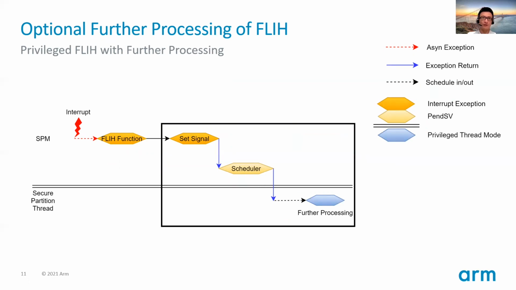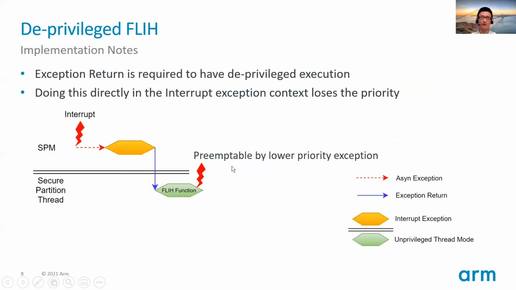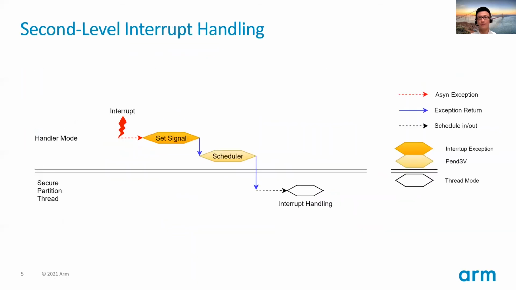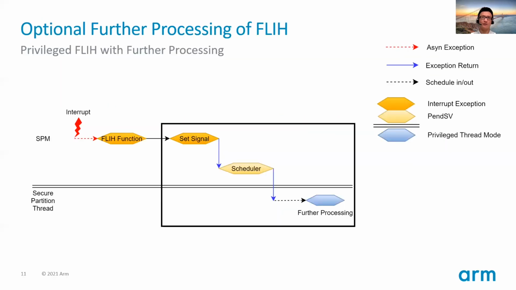This mechanism is very like the SLIH, if you remember, or if I go back to the SLIH slide, right? So it's the same. It sets the signal for the partition, triggers the scheduler, and waits for scheduling.